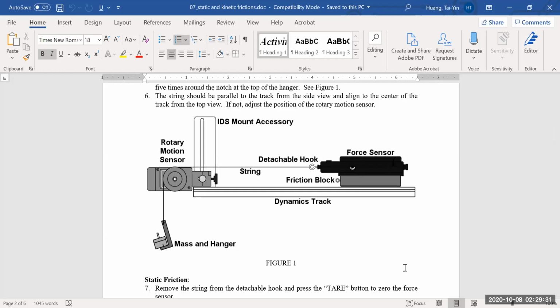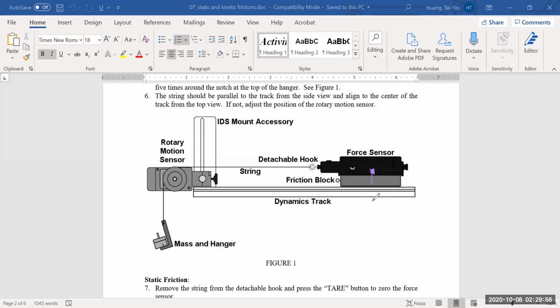So how do we calculate the coefficient of static friction? If you remember, if we draw a free body diagram, how many forces are acting on this? Let's say you place some mass on this and the whole thing is not moving, meaning that there must be some sort of friction acting against the motion.